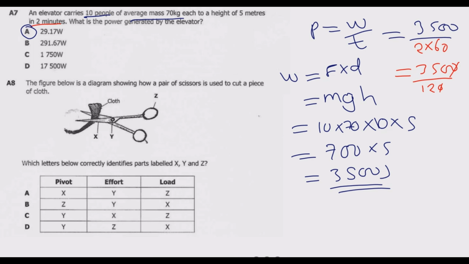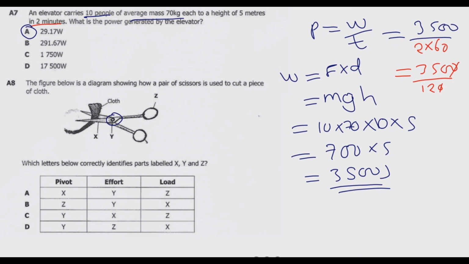Let's look at question 8. The figure below is a diagram showing how a pair of scissors is used to cut a piece of cloth. Which letters below collectively identify parts X, Y, and Z? Basically, we need to identify where the pivot is. The pivot is much easier to identify: it is where the rotation is happening.